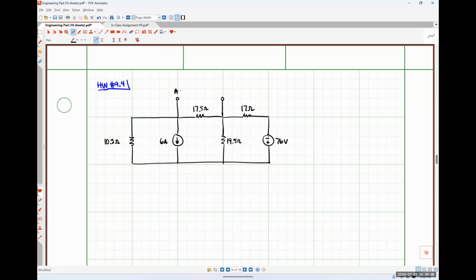So this is A, this is C, this is B, and this is D. We're asked to find the Thevenin equivalent of the network seen between terminals A and B, and then between terminals C and D. And those should give us different results. I just want to be clear about that.